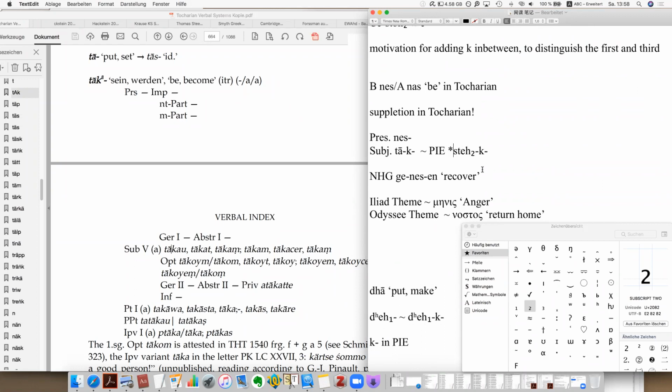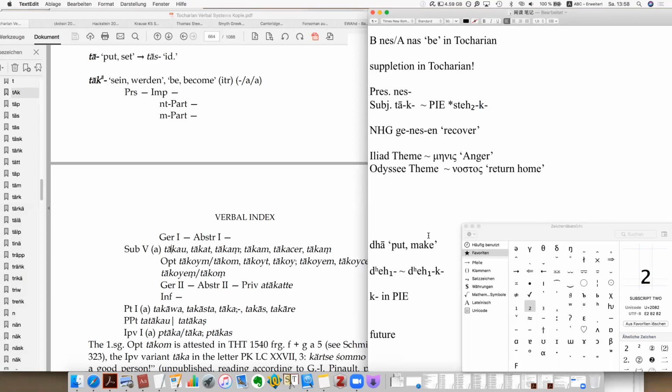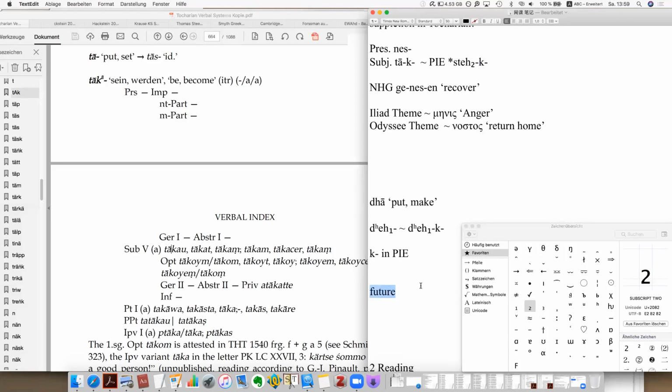So this is a K element you find in Greek, also in Tocharian, and also in Latin and the Italic languages. This is a very important element, the K element. Okay, so this is everything for the grammar. Next time, we can talk about the future. I have prepared this topic for a long time, but we must postpone it to next time.